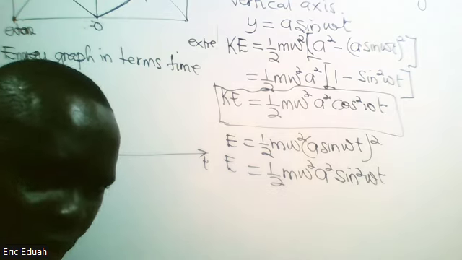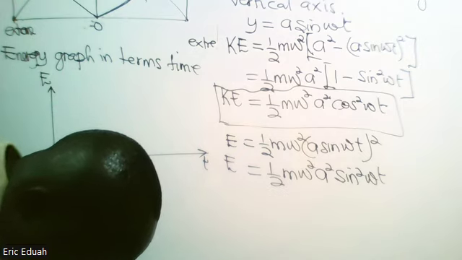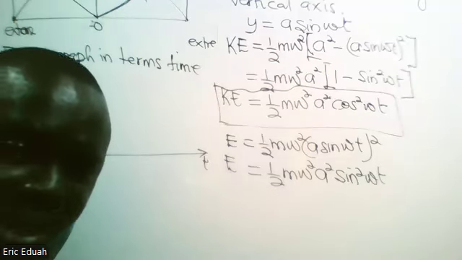Now we will do it for one cycle. And the time taken for a body to make one complete cycle is the period.